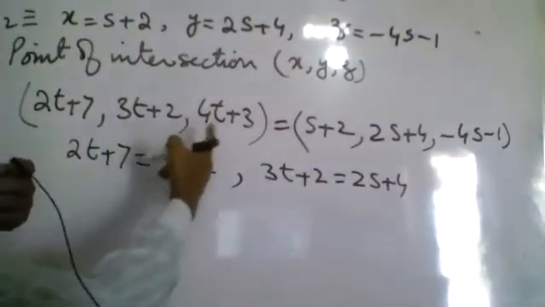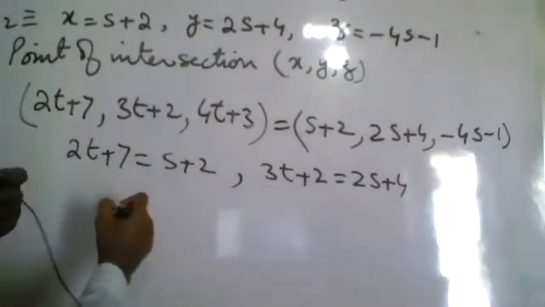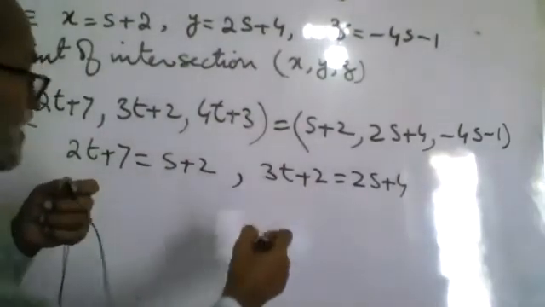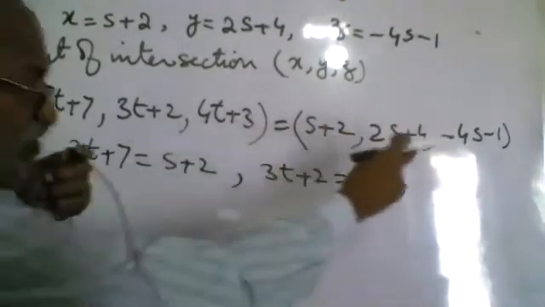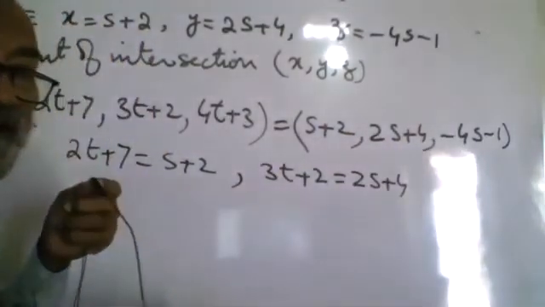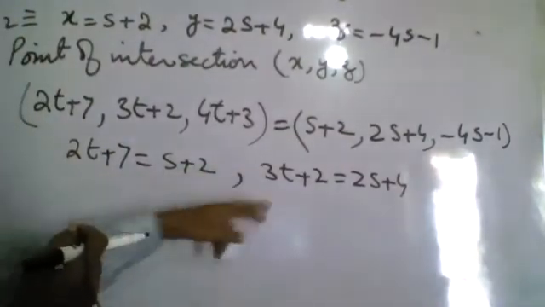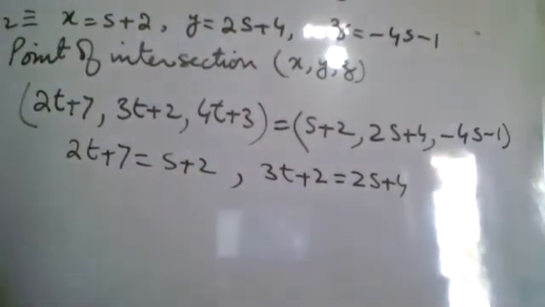And the third one, 4t plus 3 is equal to minus 4s minus 1. So first of all, we'll solve these two equations to find the values of s and t.